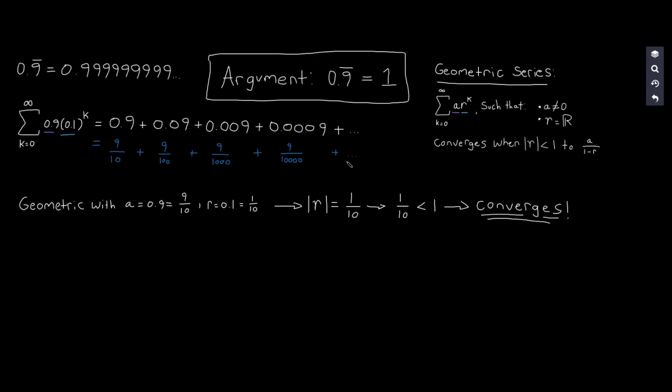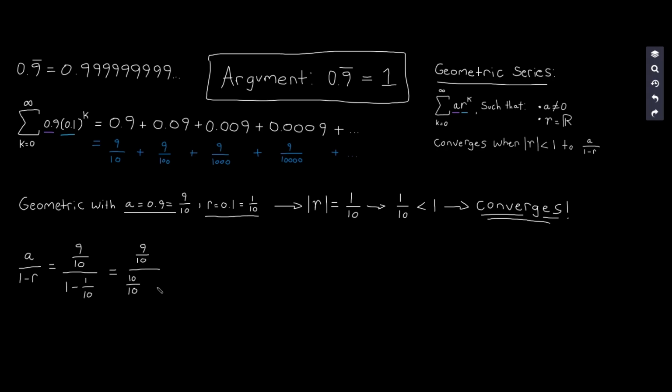So let's go ahead and find it. Since 1 over 10 is less than 1, that means that a over 1 minus r will reveal to us what this series converges to. A is equal to 9 over 10. We have 9 over 10 in the numerator, and in the denominator, we have 1 minus r. R is set to 1 over 10. Let's rewrite 1 as 10 over 10. 10 over 10 is a form of 1.